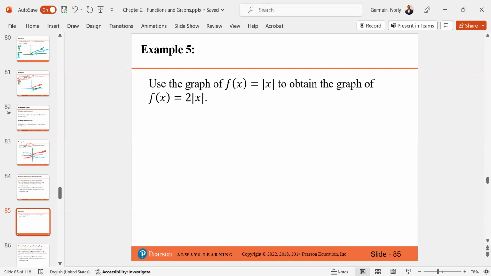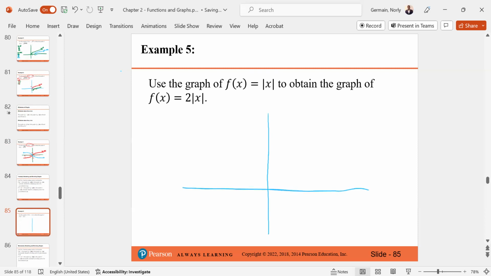You just multiply it. All right, let's do f of x equals absolute value of x first.